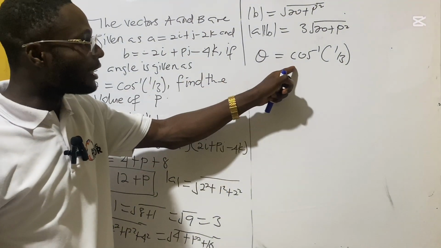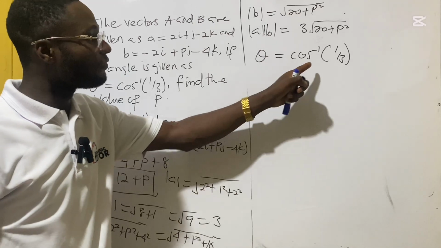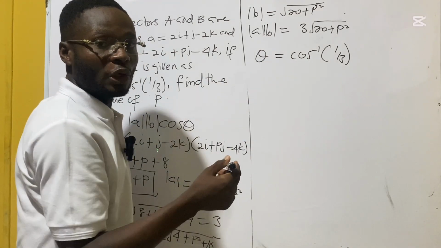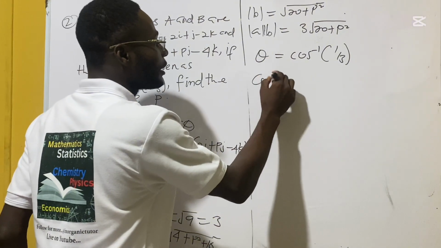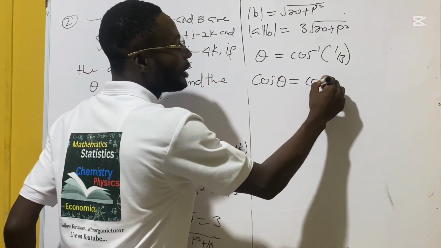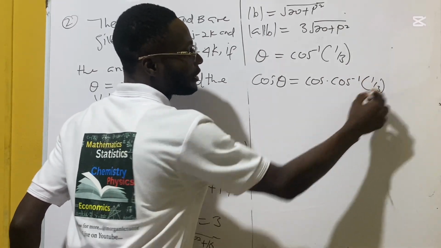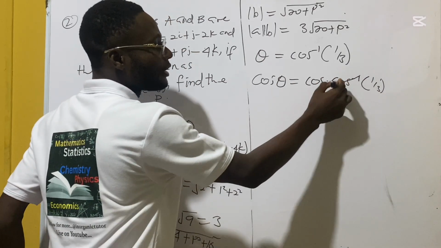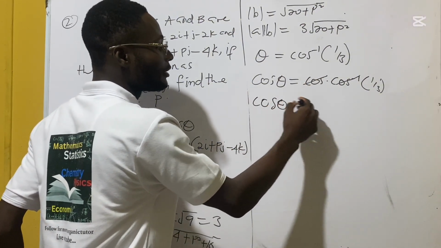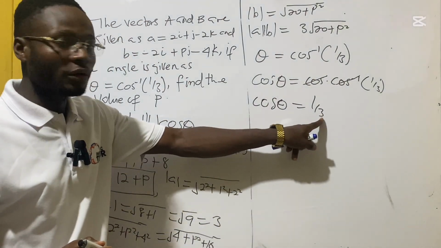So this means that when we want to find cos theta, we have to take cos of both sides, right? So we're going to have cos theta equals cos times cos inverse of 1 on 3, right? So this takes off this, and we have cos theta equals 1 on 3.